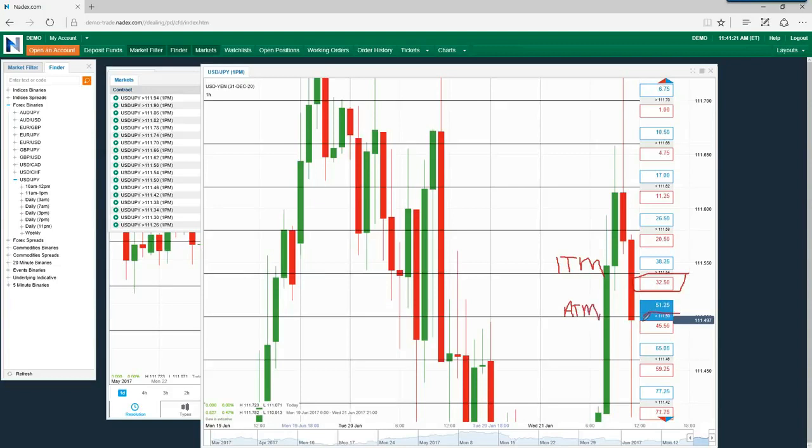This is your at the money, which is 111.50. And the out of the money, which literally means that price is not there yet, is down here at 111.46. And you would always do the red boxes because you want to sell. Does everybody understand that?